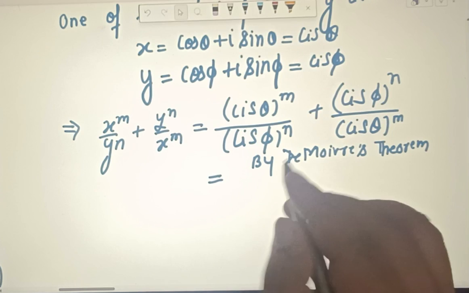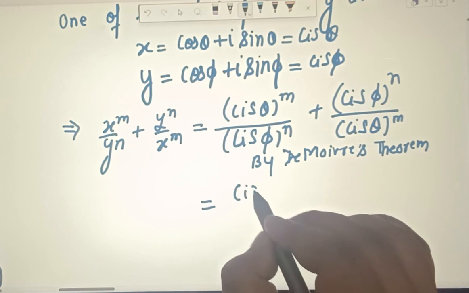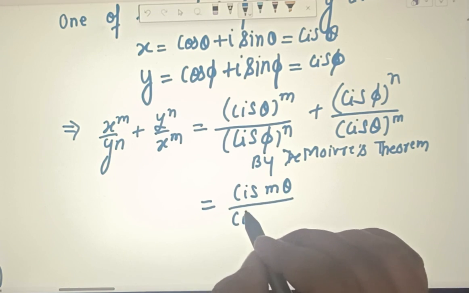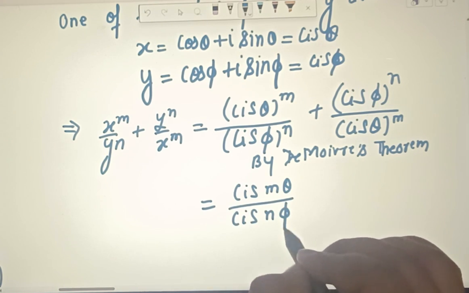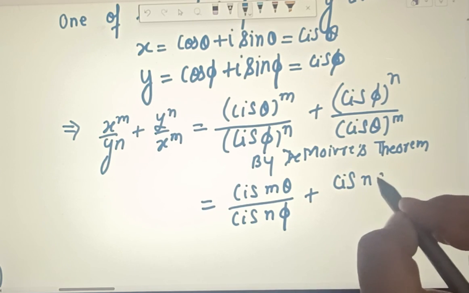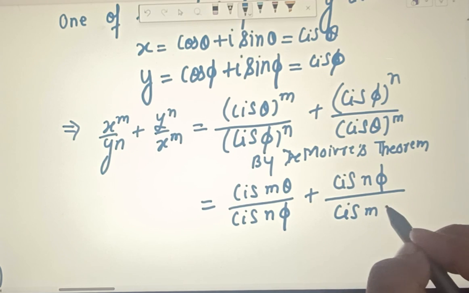it is equal to cis m theta and cis n phi plus cis n phi and cis m theta, right?